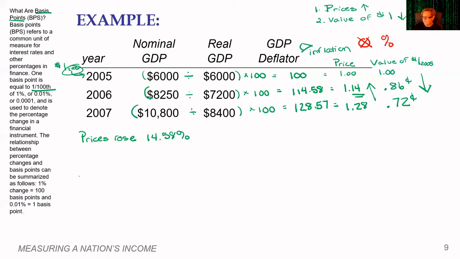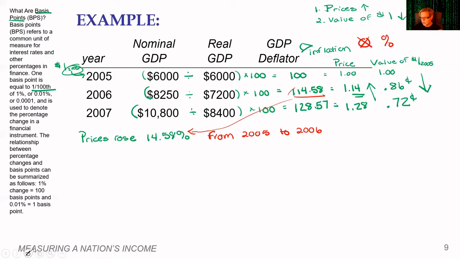Notice where I took that from. I took it from the GDP deflator, right? I lopped off the 1, and that's what gave me the 14.58. So prices rose 14.58%. Now, this is the important part, from 2005 to 2006.